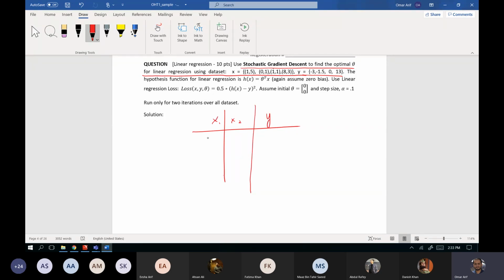So, for example, looking at the first training data, which is 1, 1, the first feature is 1, the second feature is 1, and the ground truth value for that is -3. Similarly, 0, 1, -1.5, 1, 1, 0, and the last example is 8, 3, and the ground truth value is 30. So this is my training data, and I have to use stochastic gradient descent to find the parameters.